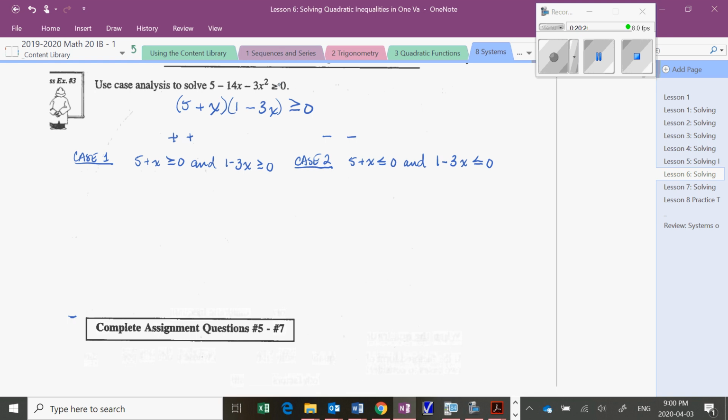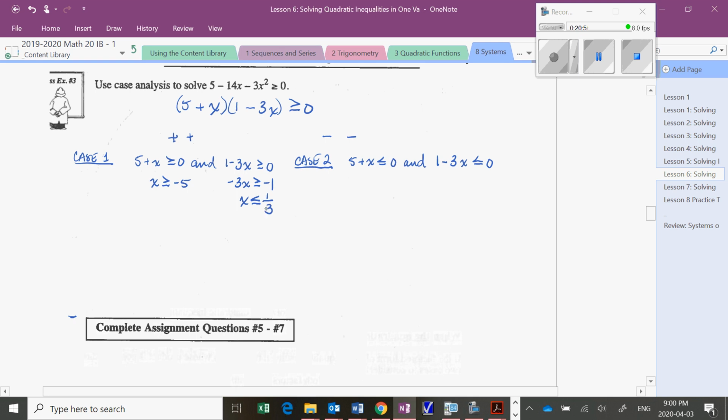So when we go through and isolate, we've got x is greater than or equal to negative 5, and in this case we can move things around. We'll subtract 1, so negative 3x is greater than or equal to negative 1. And now remember, when we're dividing by negative 3, we have to flip the inequality symbol, so x is less than or equal to positive 1/3.